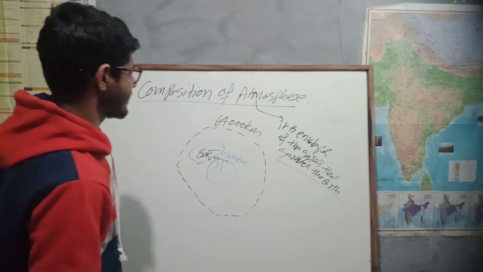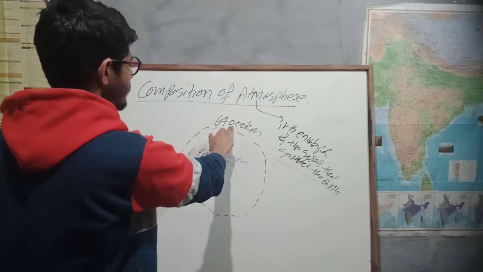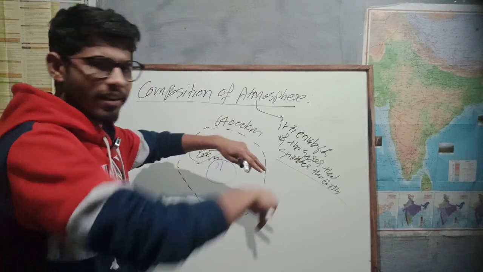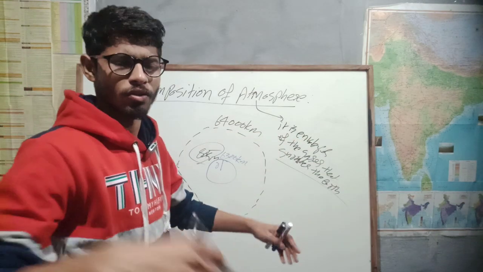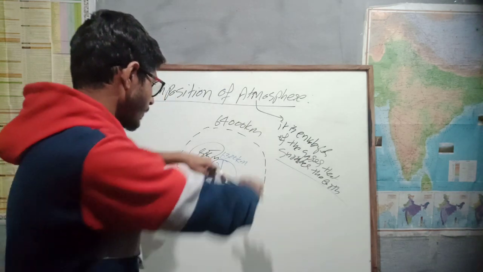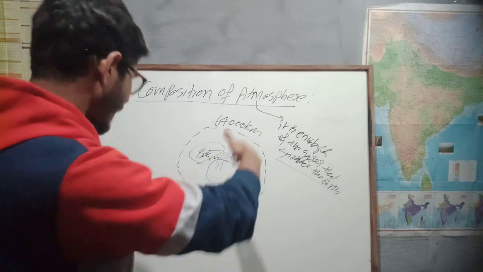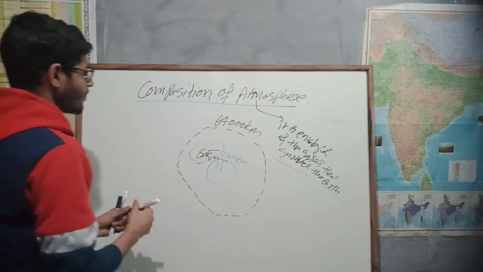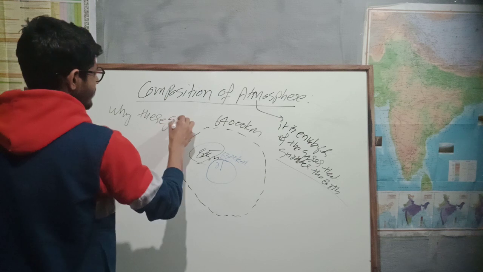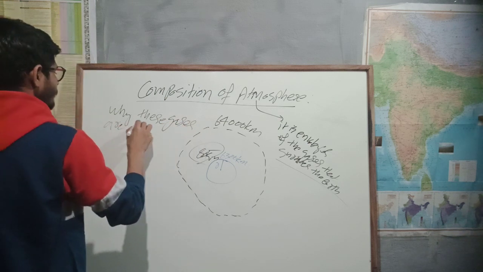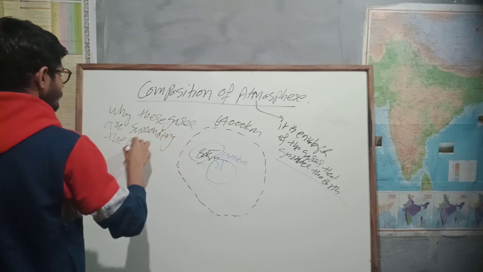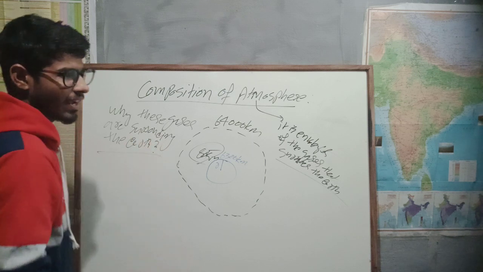So, okay, guys, we find gases up to this height. Can you tell me why these gases surround the Earth? Why don't they go somewhere else? Is there some force or something binding them in this envelope? Think about it.